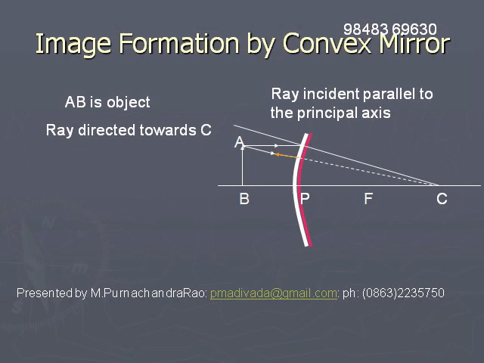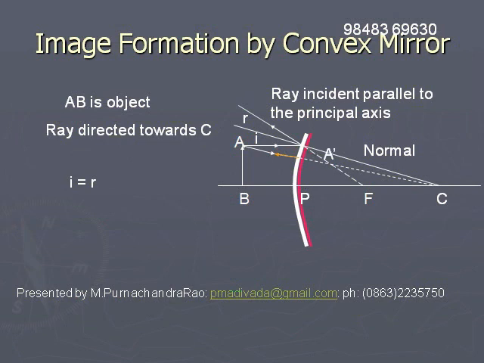The ray which is incident parallel to the principal axis, after reflection, moves away from the mirror by following the law of reflection, i is equal to r. But when we produce it in the backward direction, indicated by the dotted line A prime F, it passes through the focus.